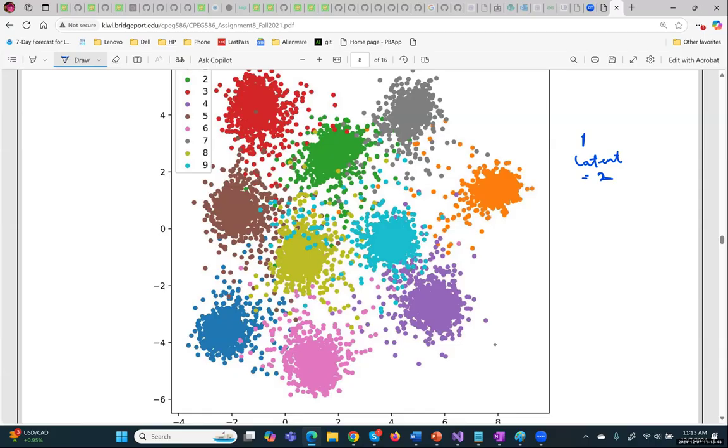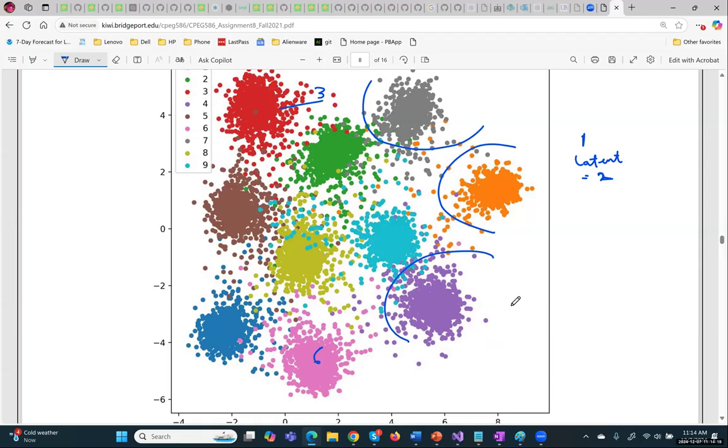For example, all the 3 digits are this red color over here. Purple is the 4, and this is digit 6 as an example. As we create a classifier, it can hopefully learn to distinguish the boundaries a little bit better, for example here, here, here. So the accuracy hopefully will be better.